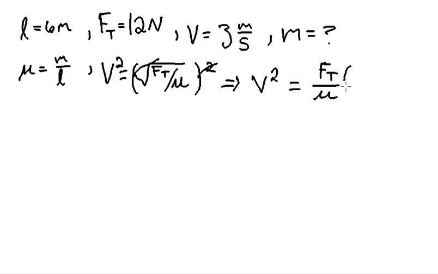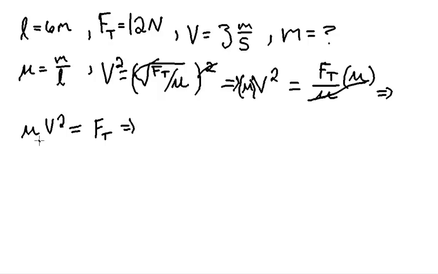Then we have to multiply by mu on both sides. So the mass length ratio multiplied by the square of the velocity equals the force of tension. This is just a review from the last problem. Now one more step to get this alone. Divide by the square of the velocity.